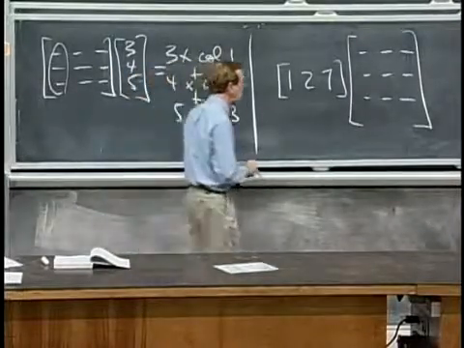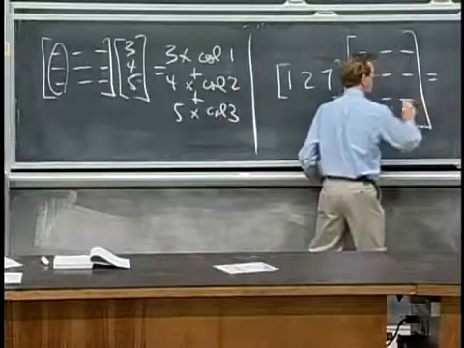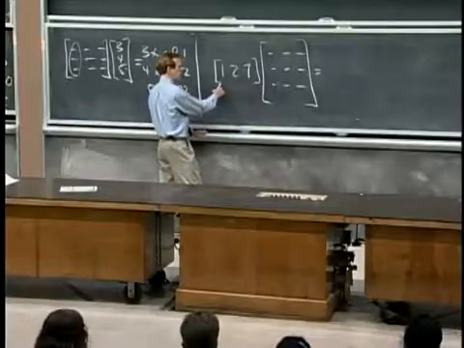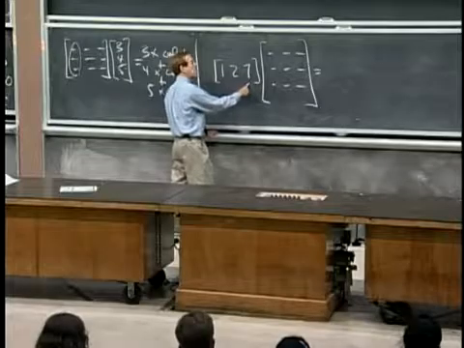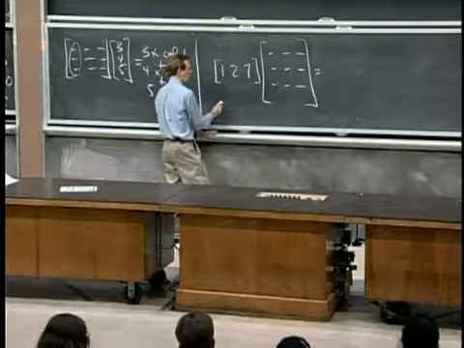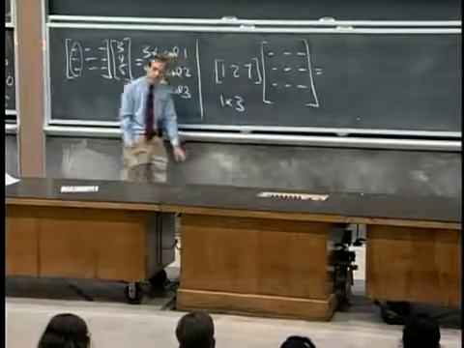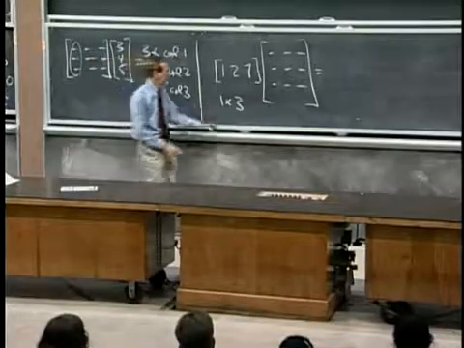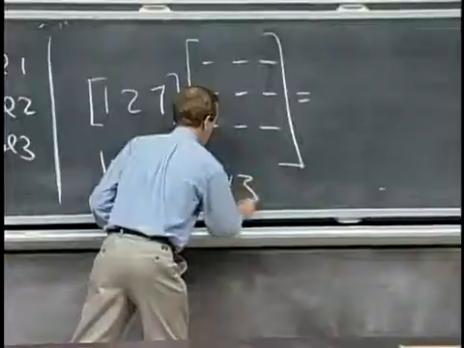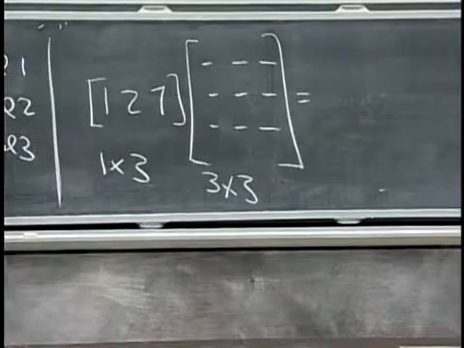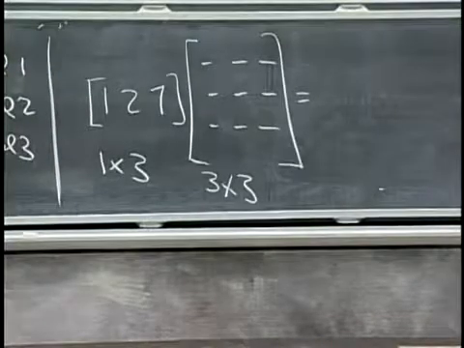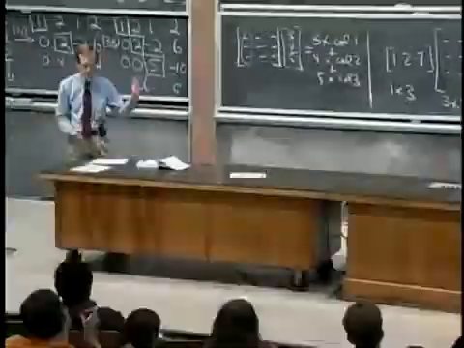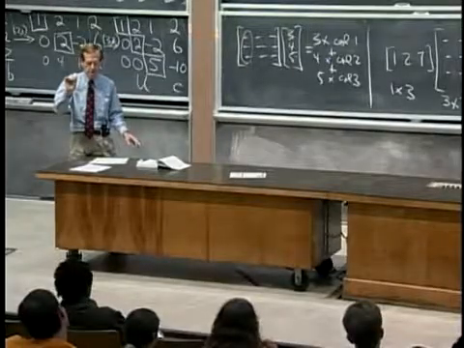Okay, how does it work by rows? That's a row vector. I could say that's a 1 by 3 matrix, a row vector multiplying a 3 by 3 matrix. What's the output? What's the product of a row times a matrix?